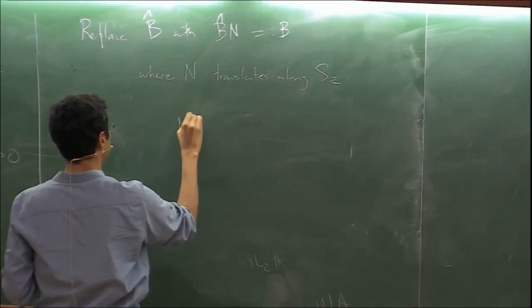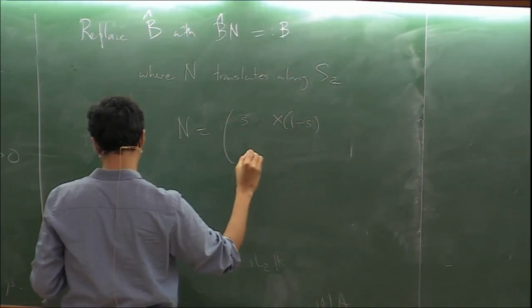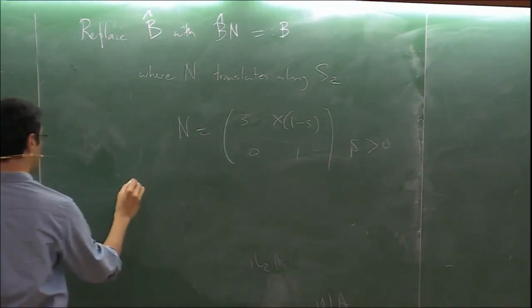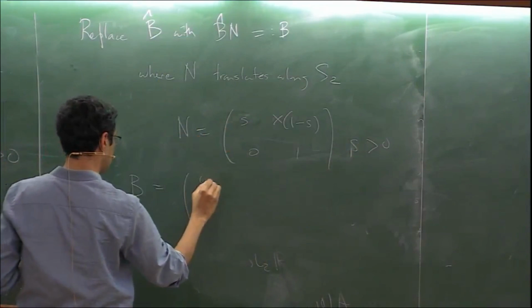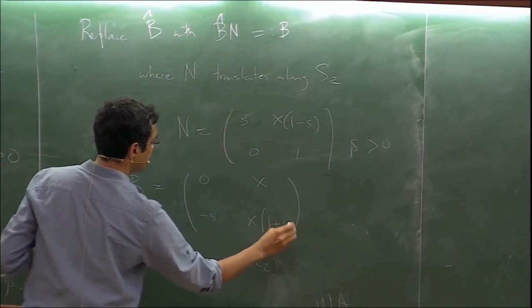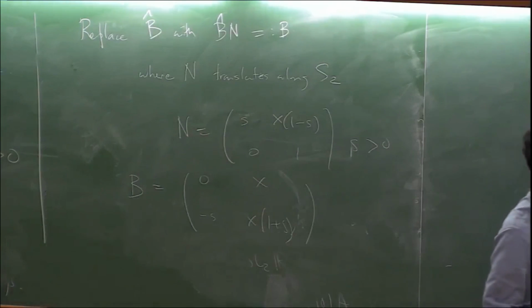So N looks something like this: (s, x(1-s); 0, 1), s bigger than 0. And B becomes, if you multiply these two matrices, (0, x-s; x, 1+s). So this is another identification of this geodesic with that.